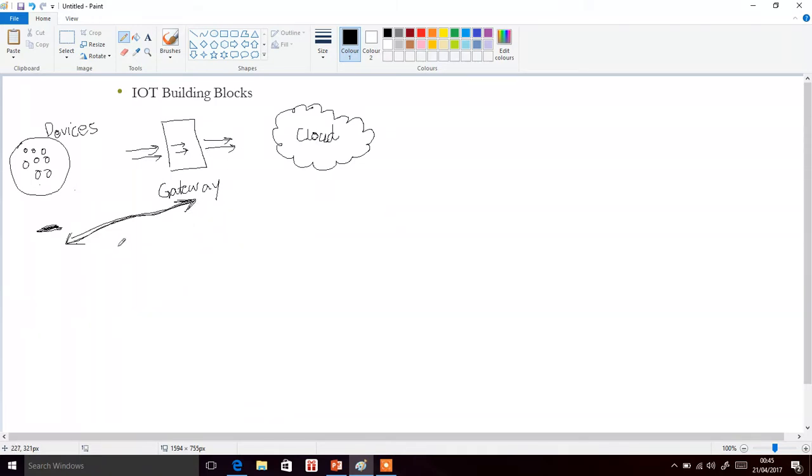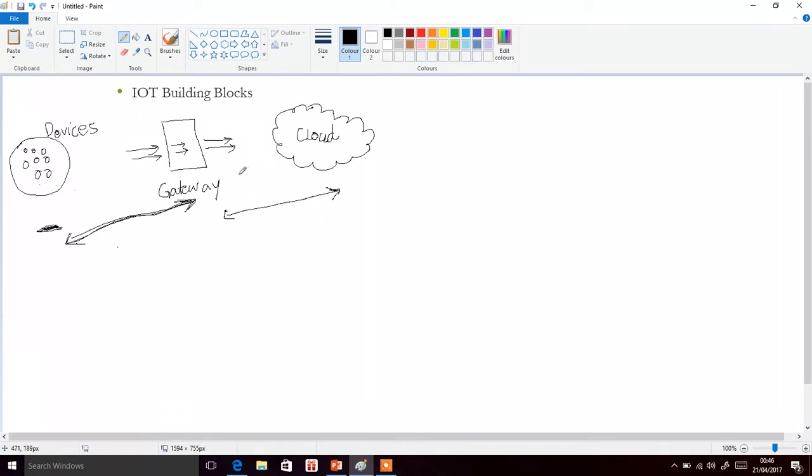And so this communication is between the devices and the gateway, and from the gateway the data, after the calculations, or the data itself without the calculations, after being collected from hundreds or thousands of IoT devices, is then sent to the cloud.